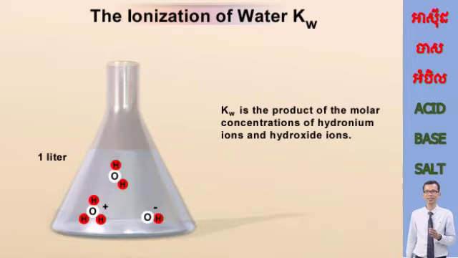The product of the molarities of hydronium and hydroxide ions in water and aqueous solutions has been determined to be a constant, expressed as Kw, the ion product constant for water. Kw reflects the relative concentrations of hydronium and hydroxide ions as a steady state, even though water molecules are constantly interacting, forming ions and reforming water molecules.